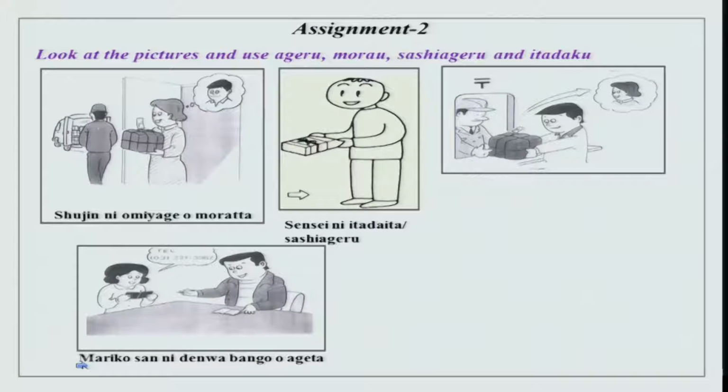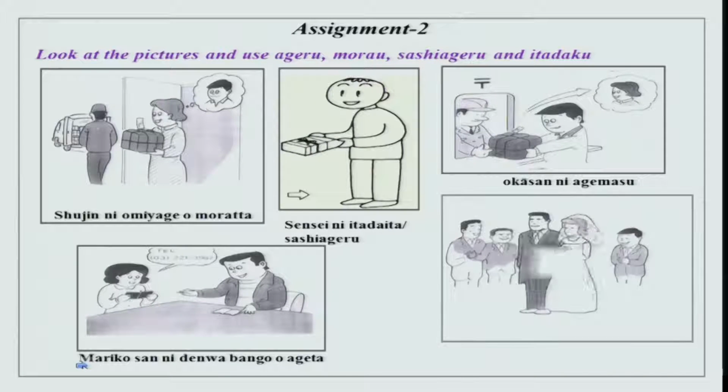Then we have someone giving something at the post office. This sign over here is for post office. So, what is it? Okaasan ni agemasu. This gentleman is thinking, I will give or send this to my okaasan, to my mother. Then what is this?